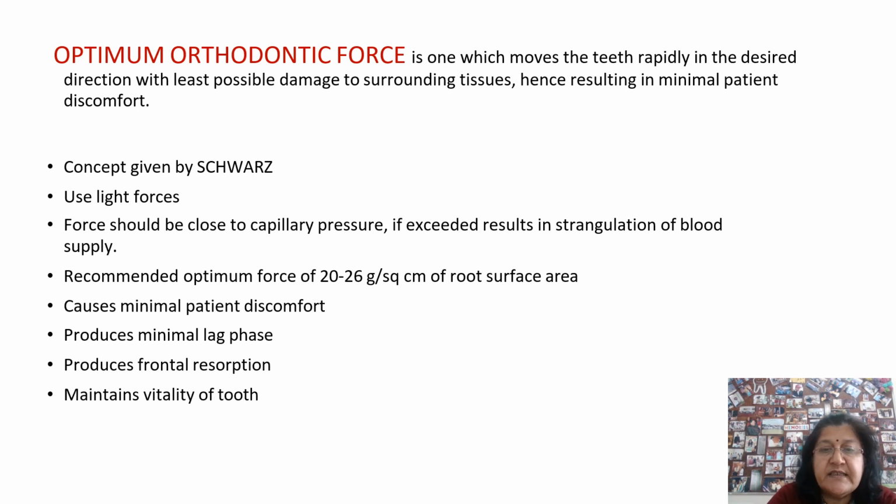If this pressure is exceeded, then this results in strangulation of the blood vessels. Hence, the optimum force is 20 to 26 gram per square centimeter of root surface area. This is the optimal orthodontic force. This causes minimal patient discomfort, produces minimal lag phase, causes frontal resorption and maintains the vitality of the tooth.